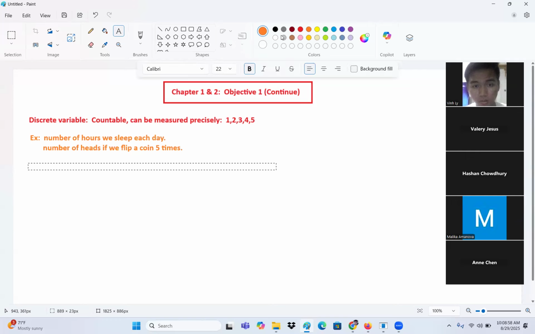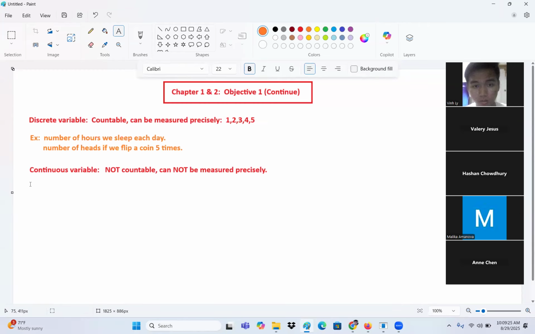In terms of continuous variables, this is not countable and cannot be measured precisely. Let me give you an example.